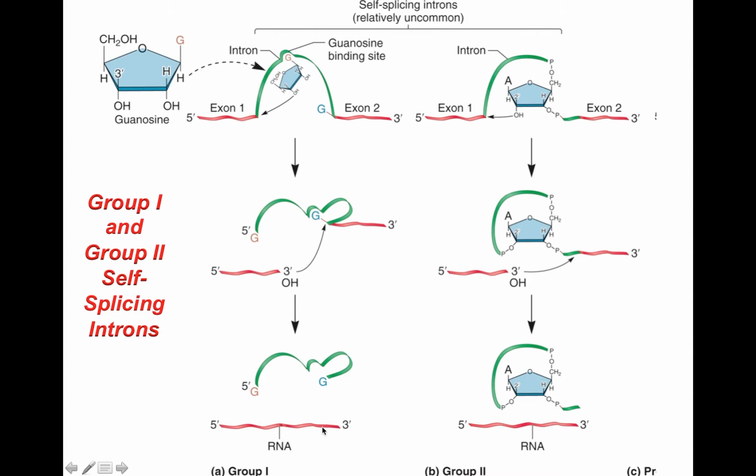And the 2 exons of the messenger RNA are now contiguous and ready to encode a protein when it binds to a ribosome out in the cytoplasm.